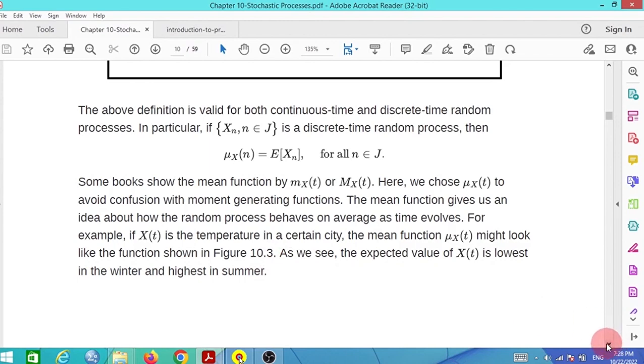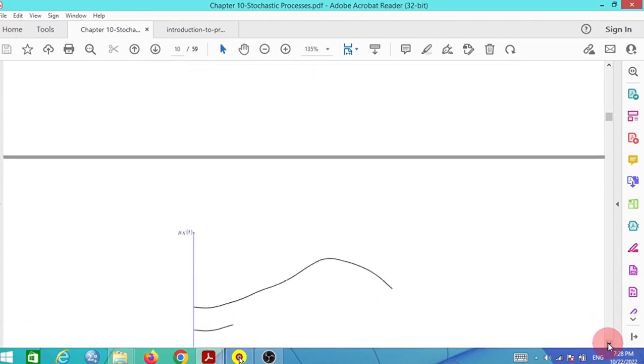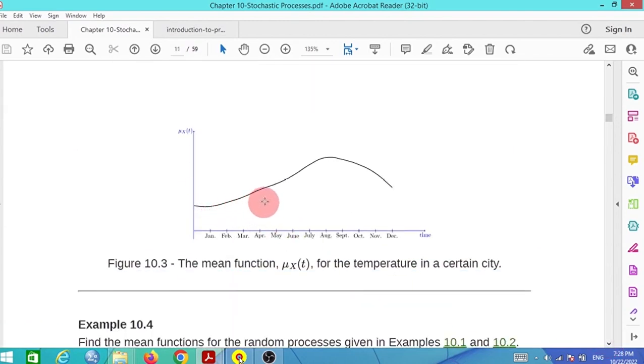Okay, this is the mean function, but the value occasionally goes up and down around this. This is the mean function.